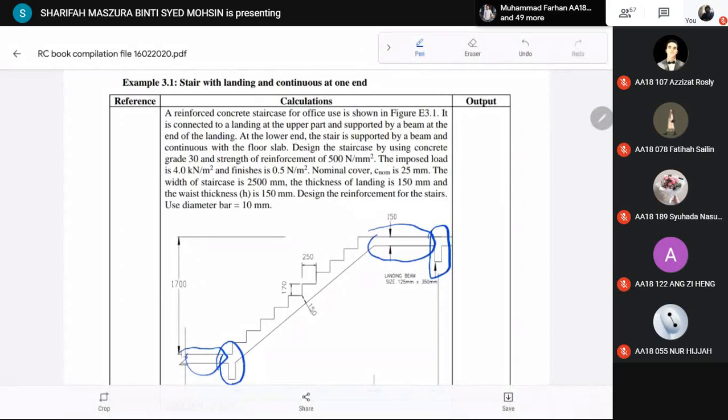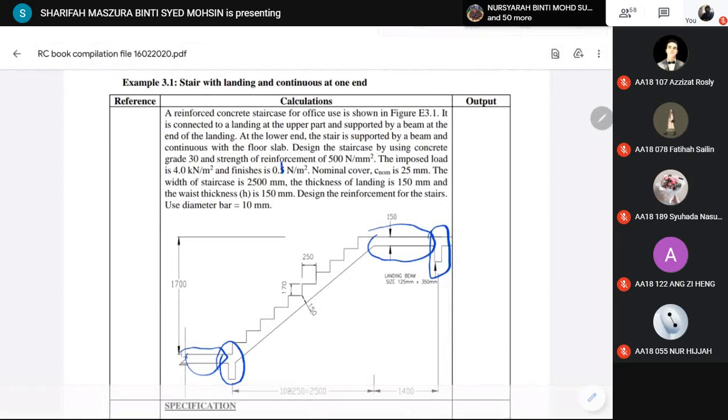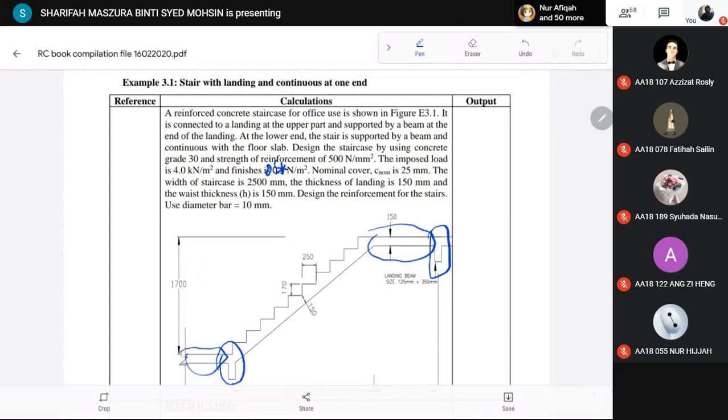Design the staircase by using concrete grade 30 and strength of reinforcement of 500 Newton per meter square. The imposed load is 4.0 kilonewton per meter square and finishes is 0.5 kilonewton per meter square. The concrete nominal cover is taken as 25 mm.